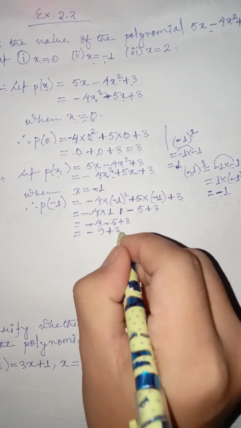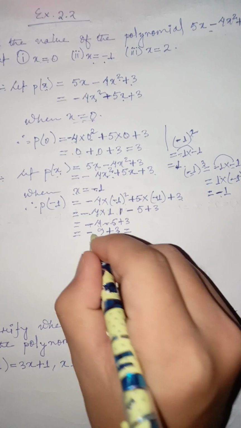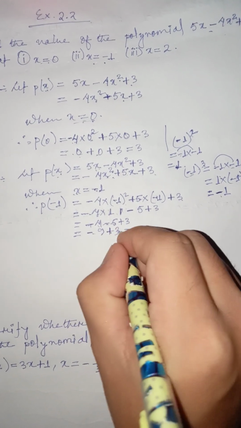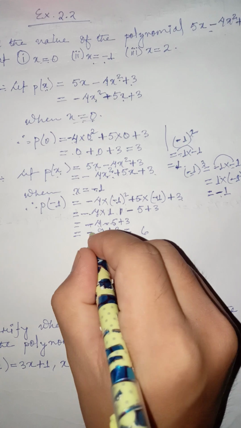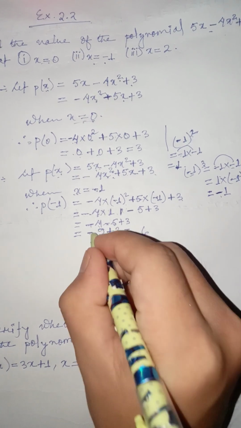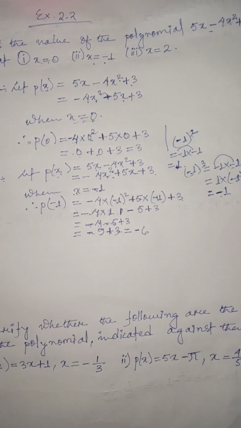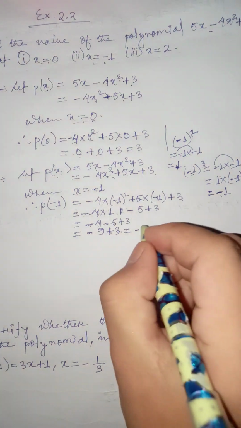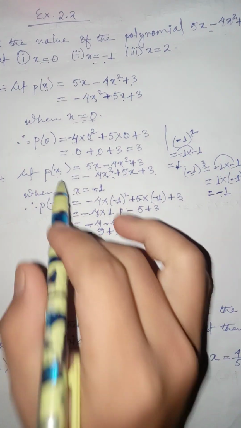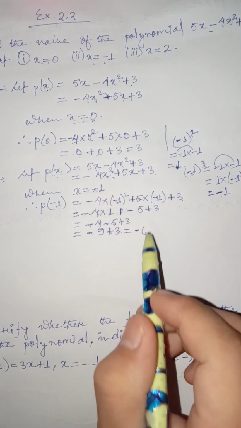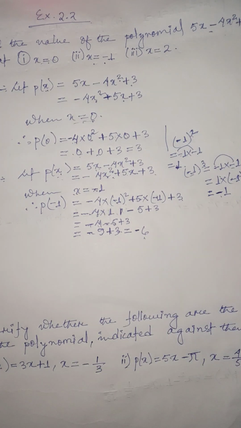Minus 9 plus 3. Minus plus minus. 9 minus 3 will give you 6. And what is the sign just before the greater number? That is minus. We have to write minus here. Alright. That is the values of px. When x value is minus 1, it is minus 6.